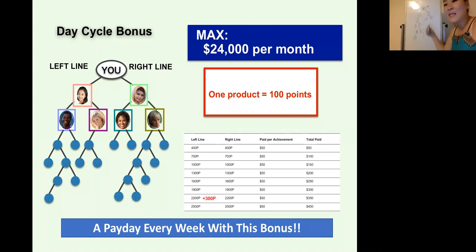Okay? Day cycle bonus is calculated based on the smaller size of the group. But don't worry that you have more people on your left side. The bigger, the better. That means somebody is working super hard, harder than you are.